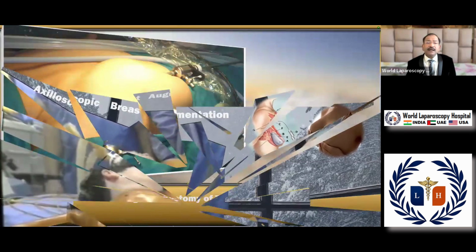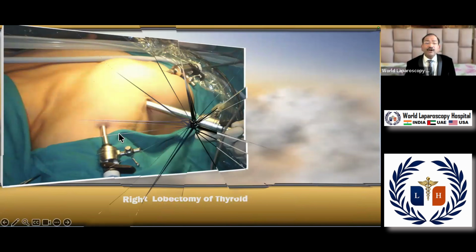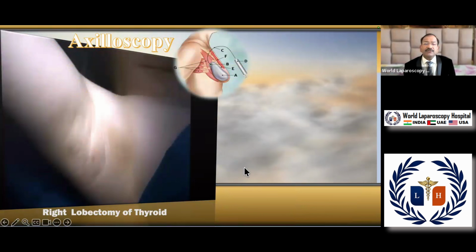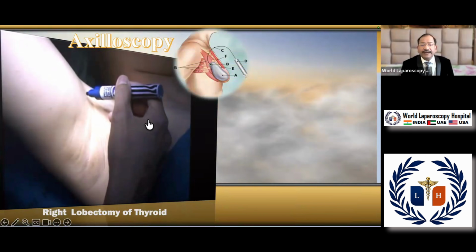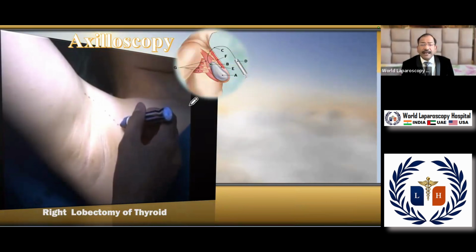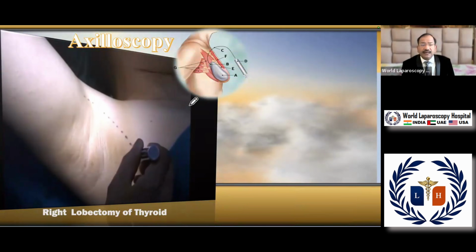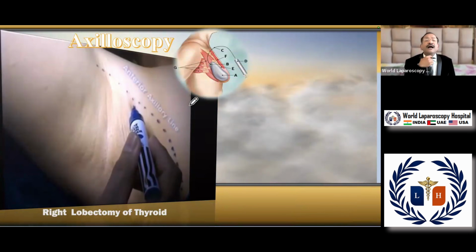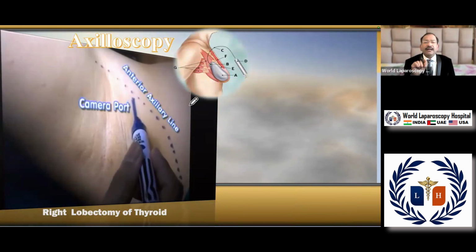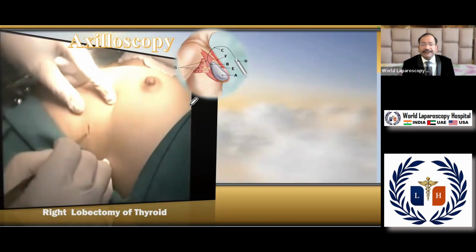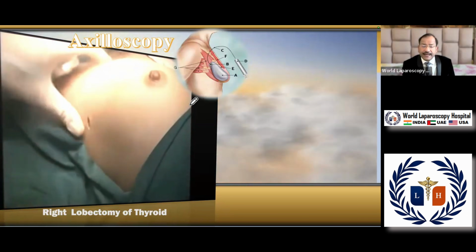After that, even thyroidectomy can be performed through the axilla. How to do it? You give one incision over the anterior axillary line, one subacromial and one subareolar. Even in a young female where you do not want any scar over the neck, you can enter and do the axilloscopy, and through the axilla you can enter into the neck.